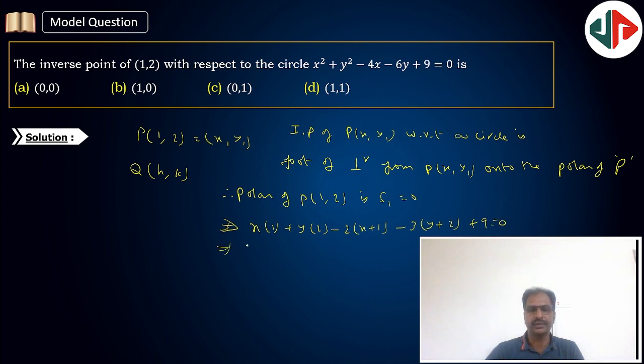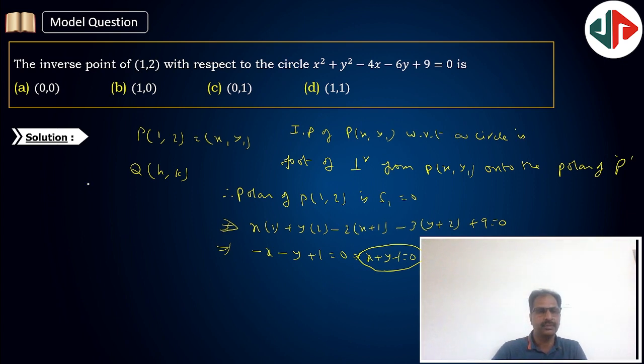If you simplify this, you will get minus x minus y plus 1 is equal to 0, or x plus y minus 1 is equal to 0. This is the polar of P.